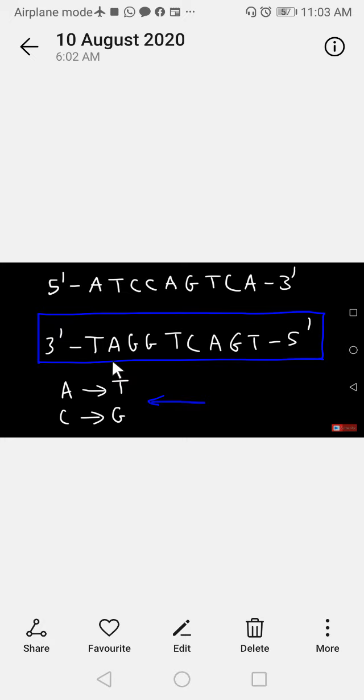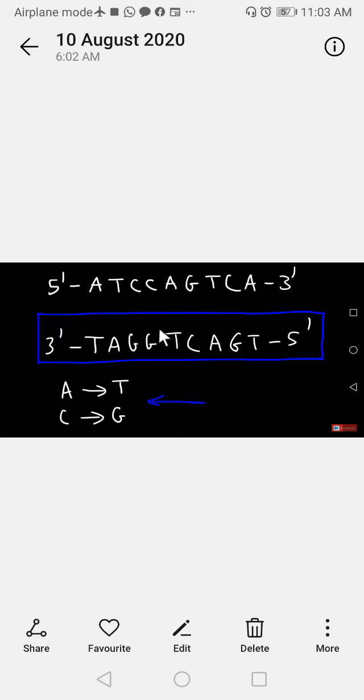Here you can see this is adenine. In one strand, its complementary base in the second strand will be thymine. Here thymine is present, its complementary base will be adenine. Here cytosine is present, its complementary base will be guanine. Here cytosine, its complementary base will be guanine.